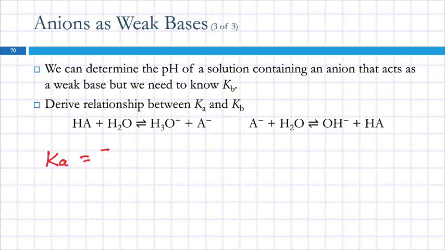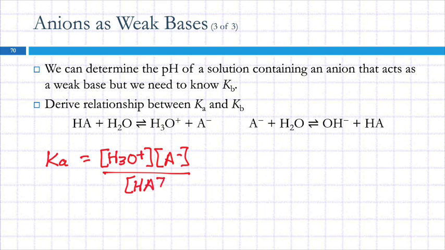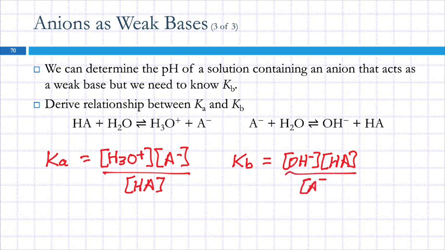So Ka is the hydronium ion concentration times the anion concentration divided by HA. This shows the anion acting as a base to form hydroxide ions. So that's the reaction for Kb. So Kb is equal to OH minus times HA divided by A minus.